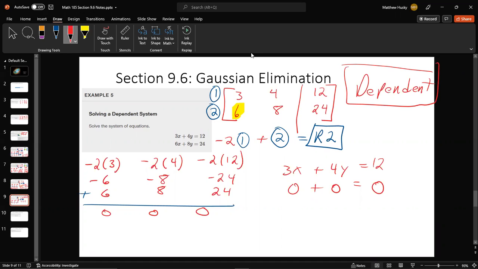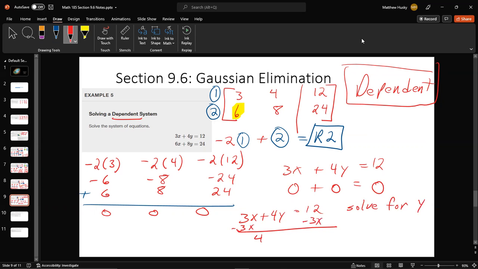This is a dependent system, which we kind of sort of knew because the example was conveniently labeled as a dependent system from the get-go. So what this then means is you want to solve this for y. We're going to take 3x plus 4y equals 12, so we will subtract 3x from both sides.